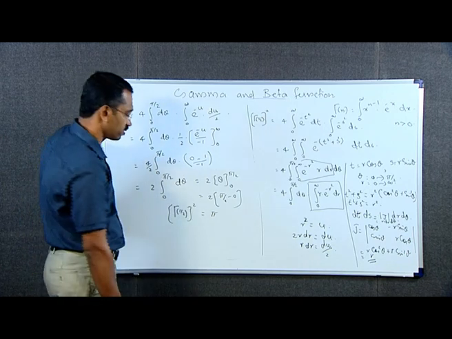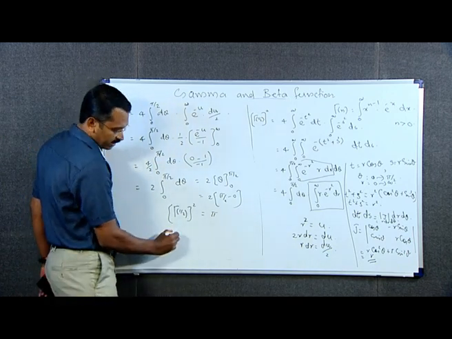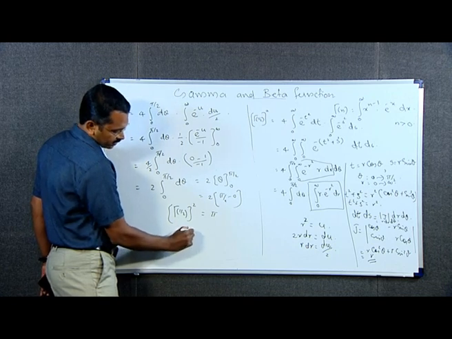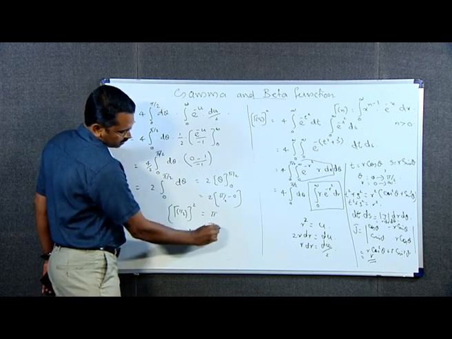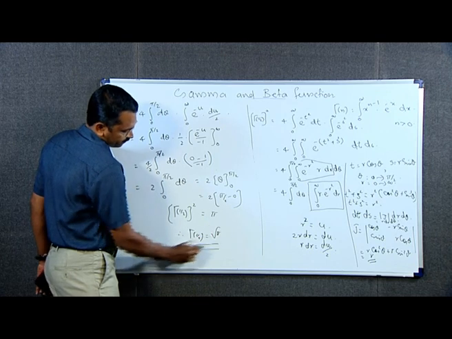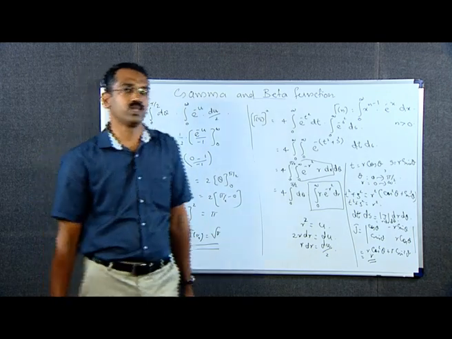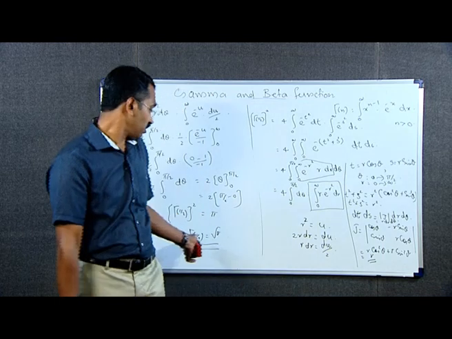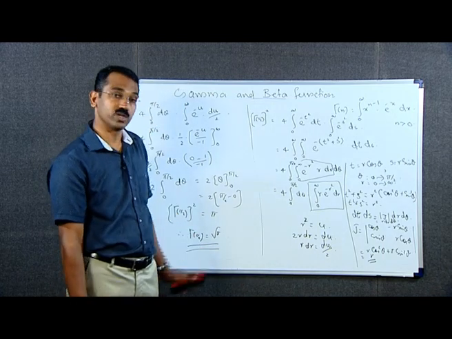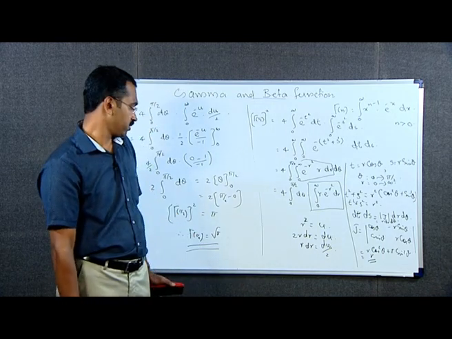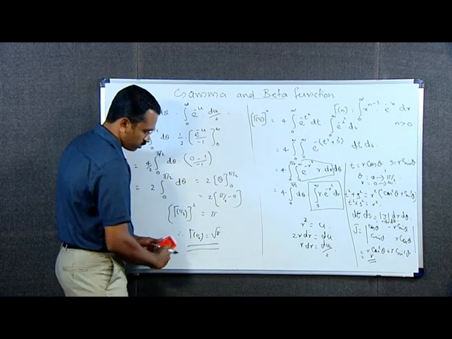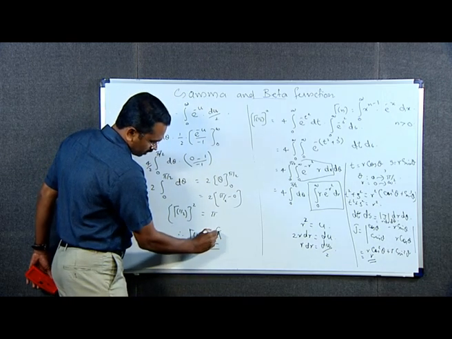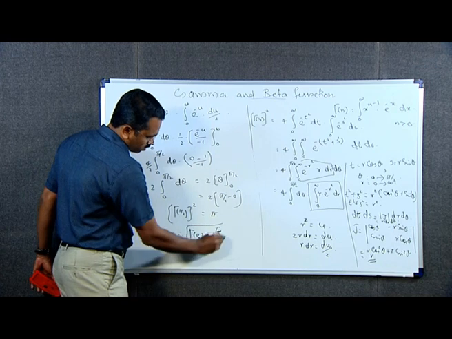Taking the square roots on both sides, we get gamma 1 by 2 as root of pi. That is the value of gamma 1 by 2 is root pi, which is a standard value. Gamma 1 by 2 is equal to root pi.